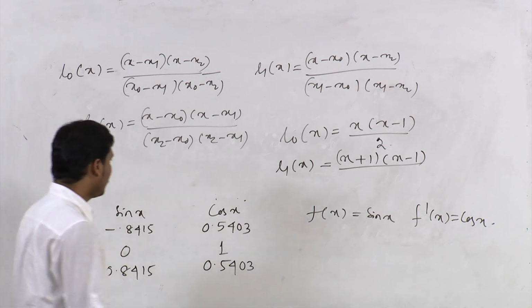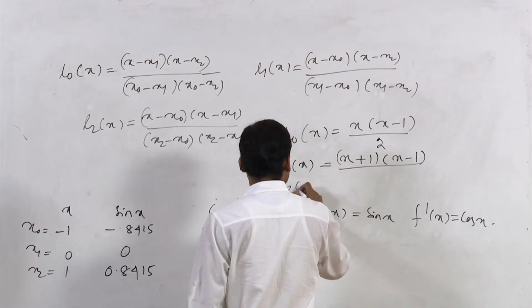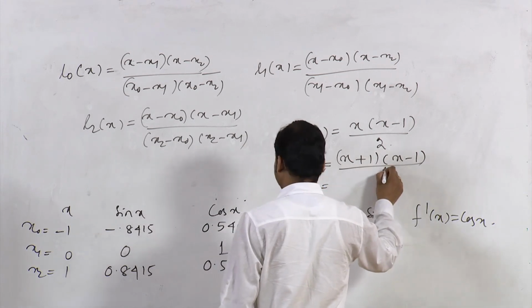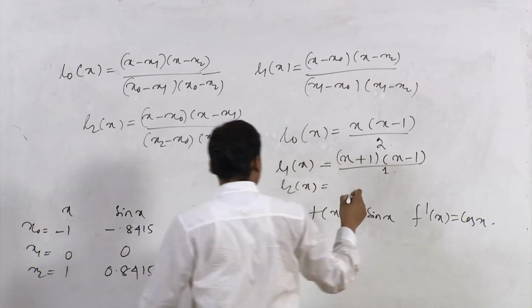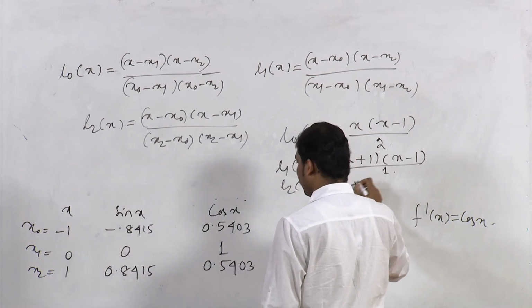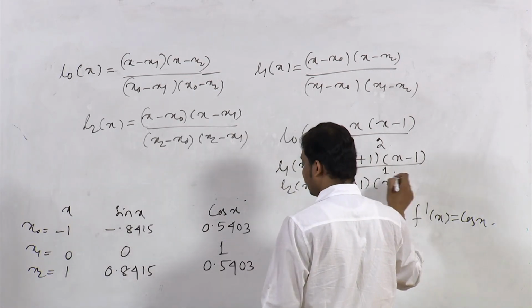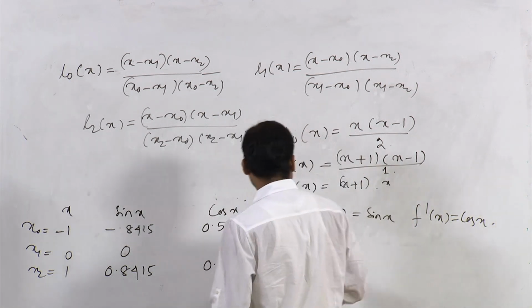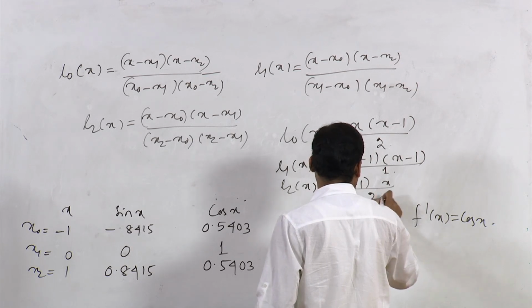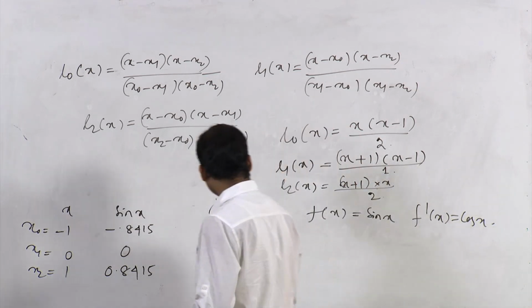Similarly you can obtain L2 of x, that is x minus x0, so x plus 1, then x minus 0, which means x only, divided by 2.